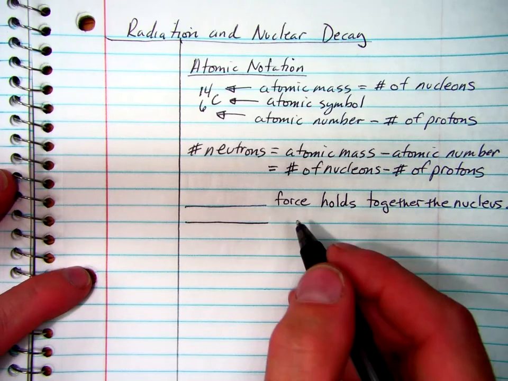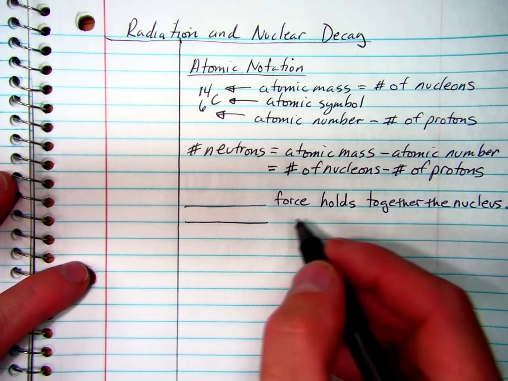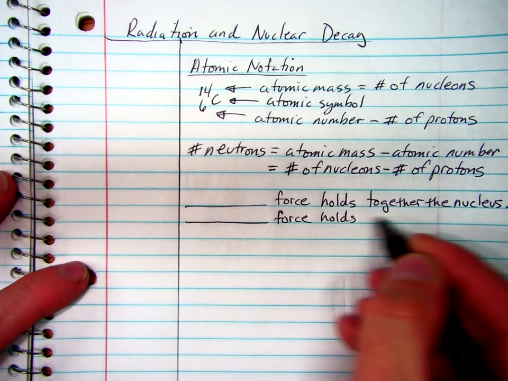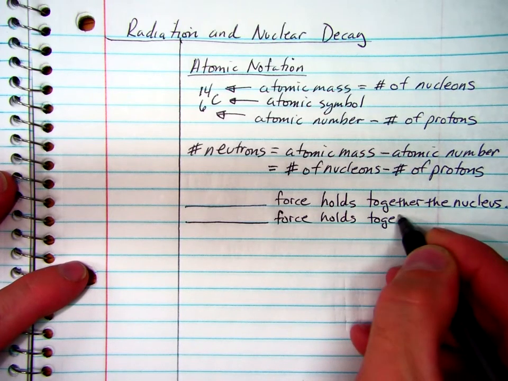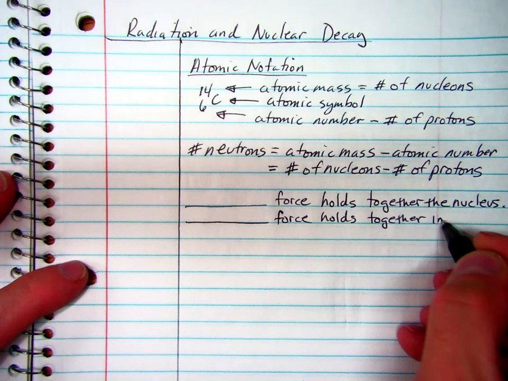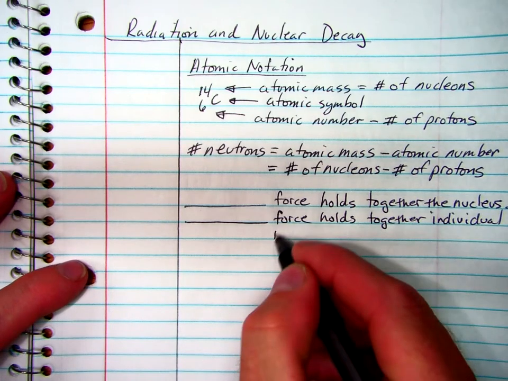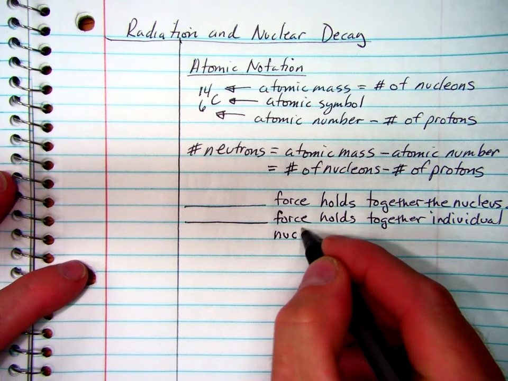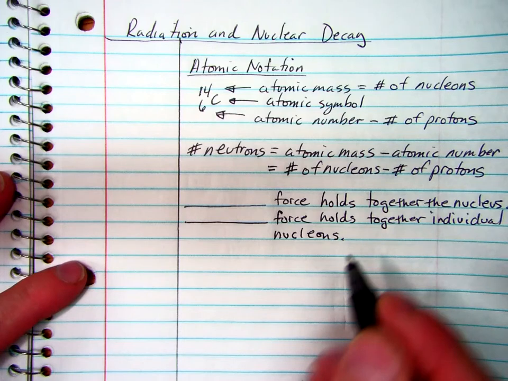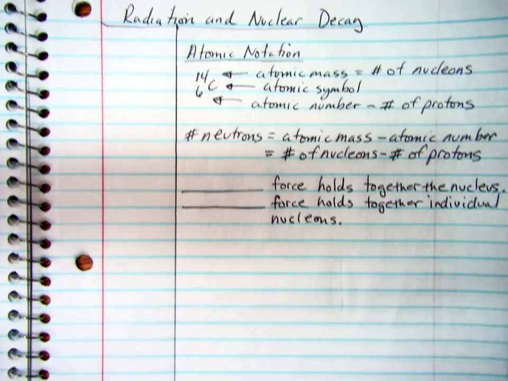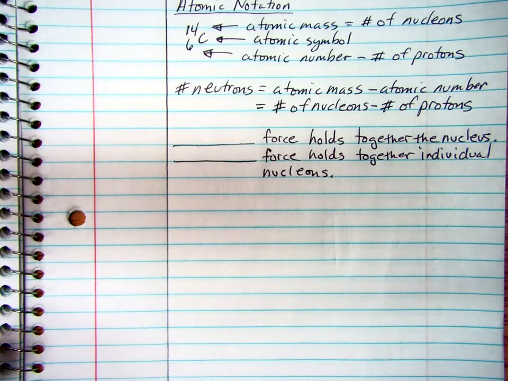And which force holds together individual nucleons? Nucleons are made up of quarks, and so the quarks have to be held together with a force. Which force is it? So figure that out, do some research, and bring that back on Thursday.